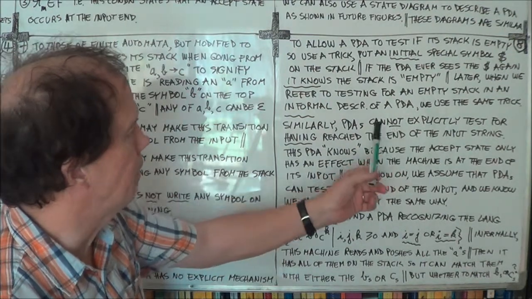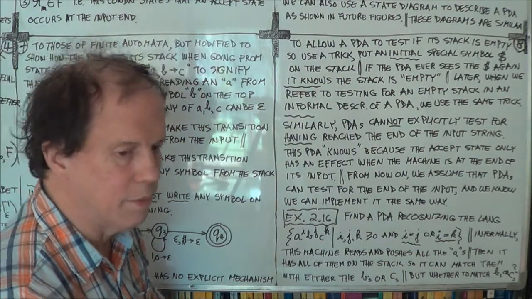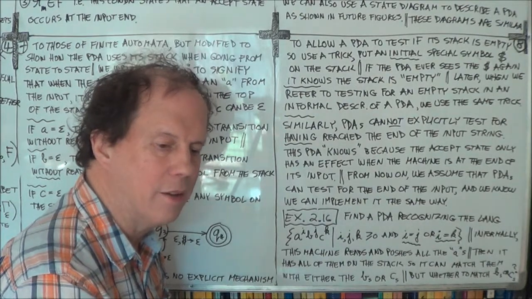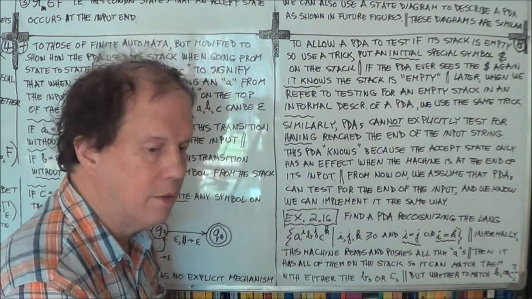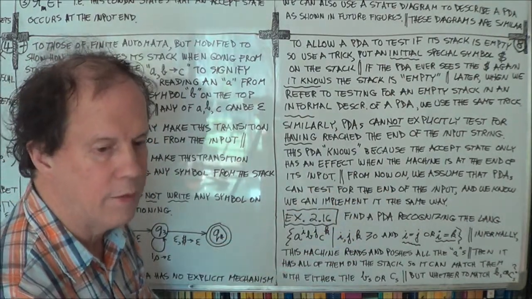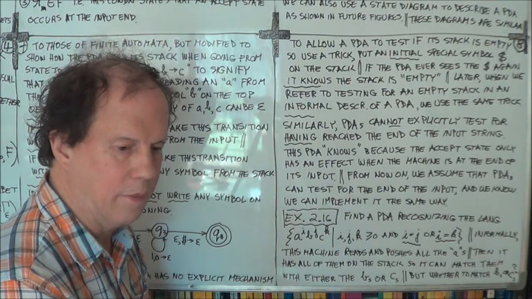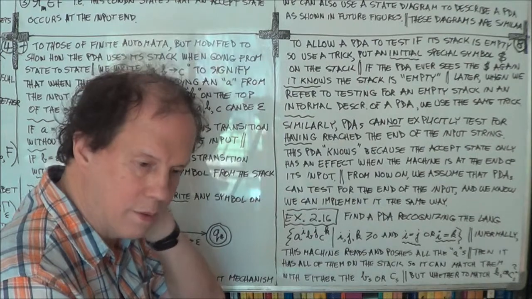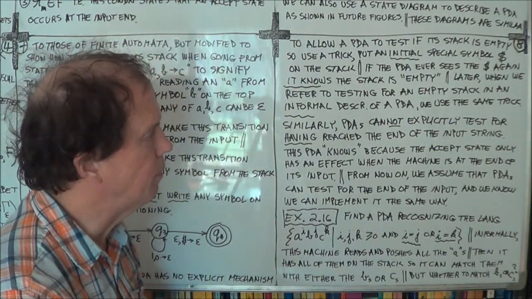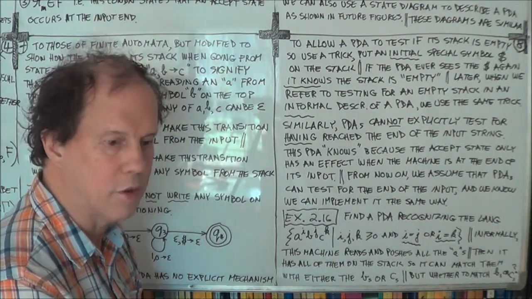Now similarly, the PDA strictly has no explicit way of detecting that it's at the end of the input string that it's reading, but implicitly, if you're in an accept state when that last symbol of your input string goes in, that will signal that the string has been accepted.